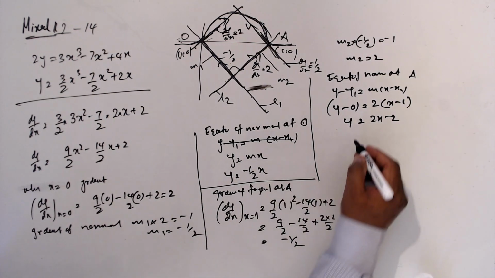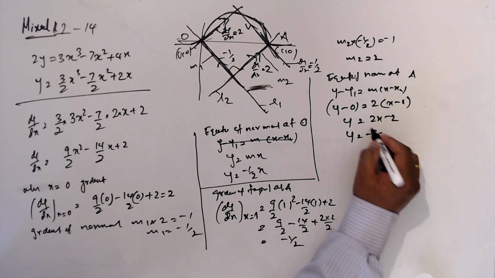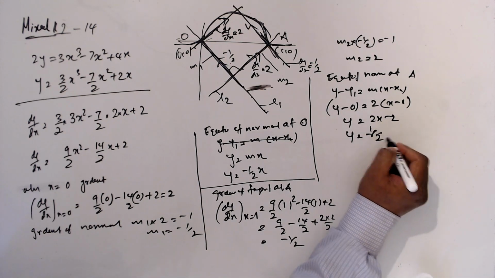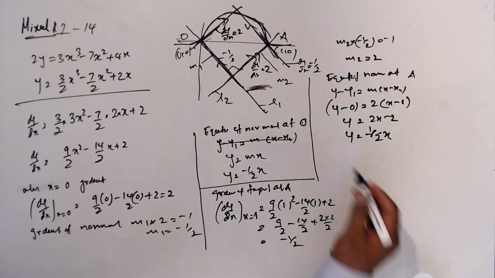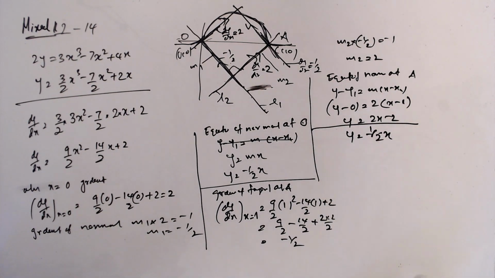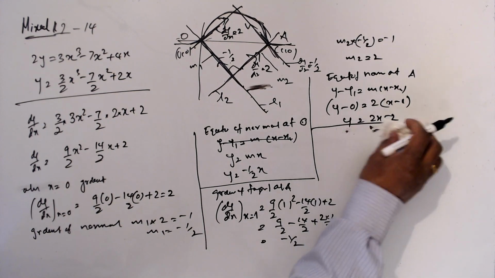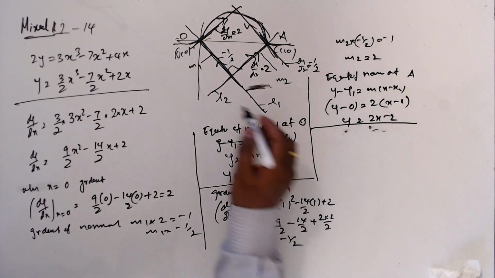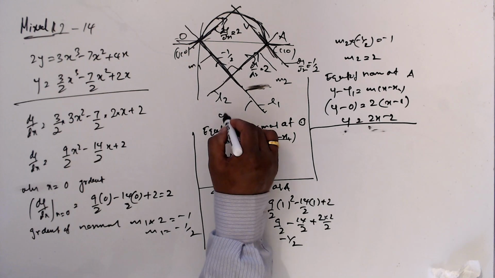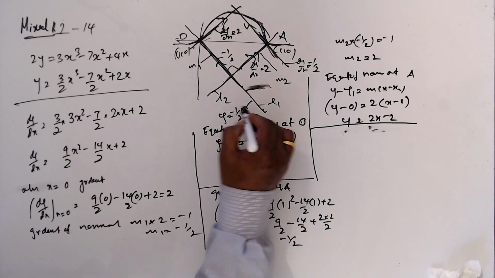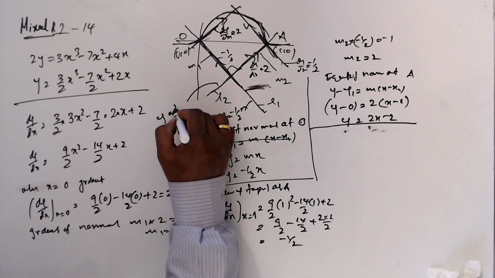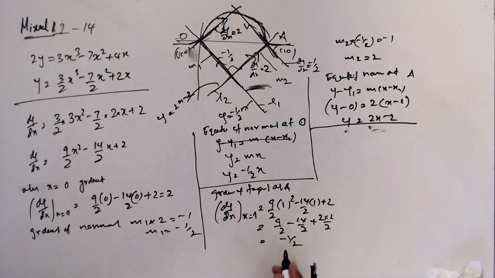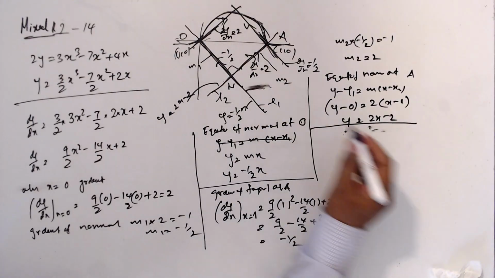This one is y equals minus half x. So now this is y equals minus half x, and this one is y equals 2x minus 2. So this is the end point.